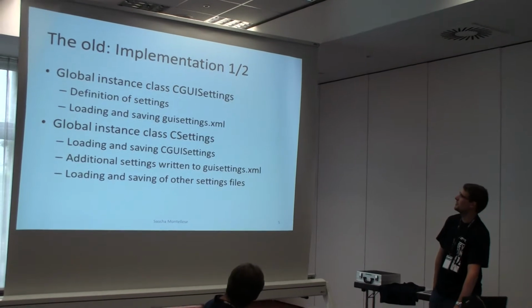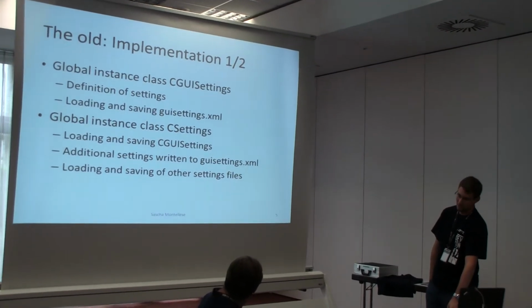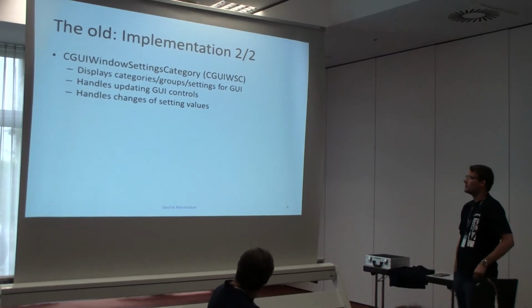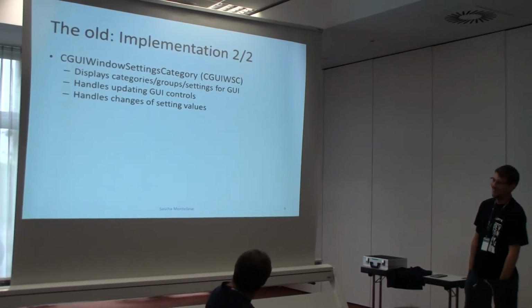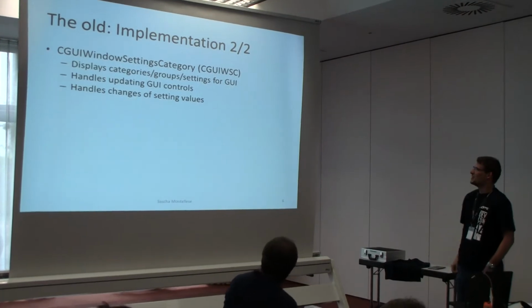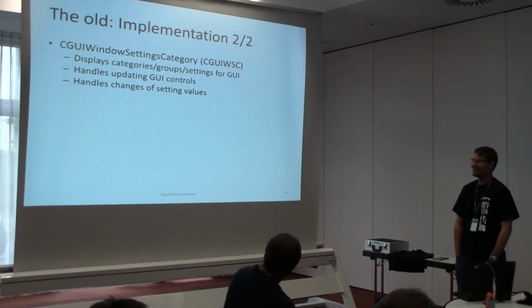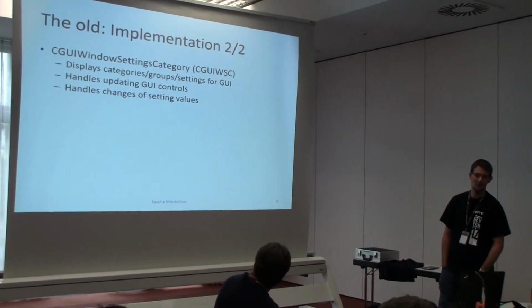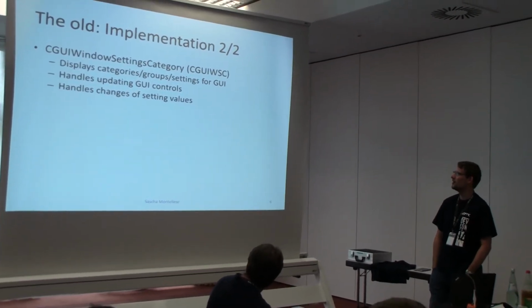So it's kind of a wrapper around CGUISettings with additional code. And then there's CGUIWindowSettingsCategory, which I had to shorten so it fits on the screen later on, which is responsible for the whole GUI stuff that the user sees.